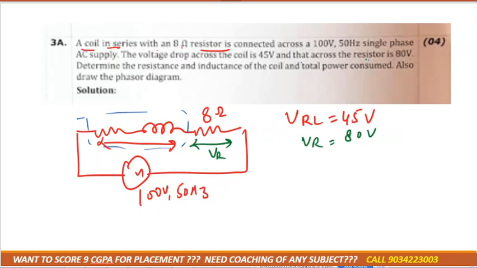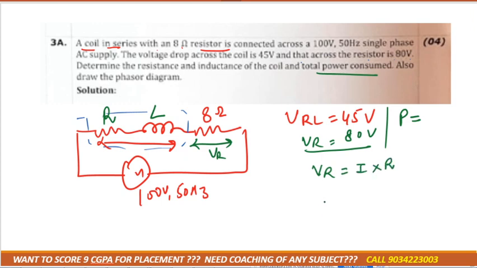Now they said determine R and L, meaning we need to calculate the R value and L value, the total power consumed, and draw the phasor diagram. Our focus is to calculate R and L. They have given VR, so VR is equal to I into R, according to Ohm's law.